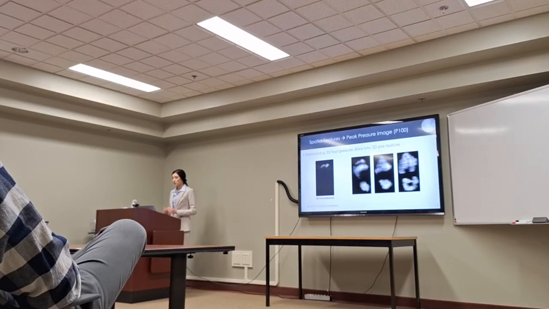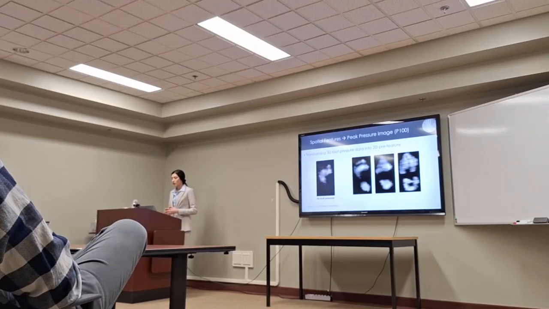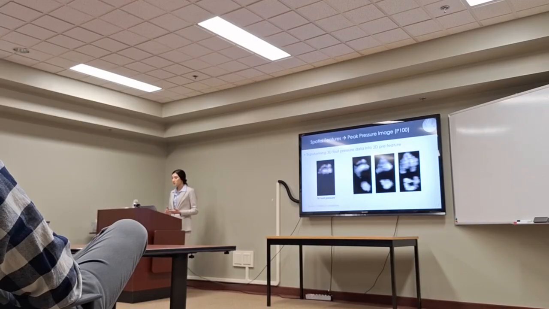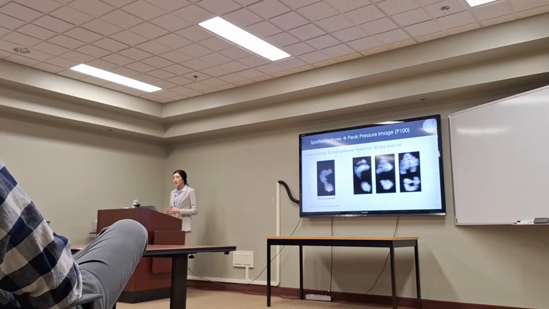Let's begin with the spatial information extracted from pressure data. For spatial feature extraction, we converted the 3D pixel time series to 2D features such as the well-known P100. P100 represents the peak pressure image, capturing the maximum pixel value at each point throughout the whole time series.